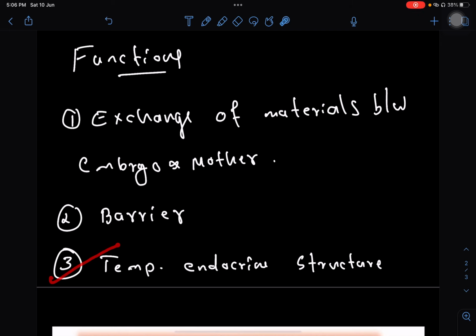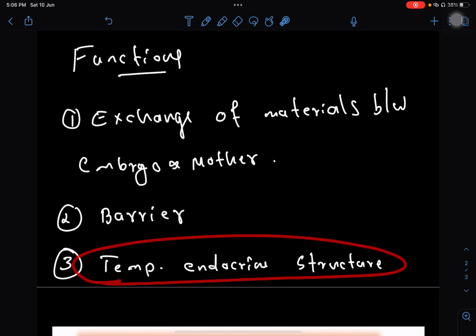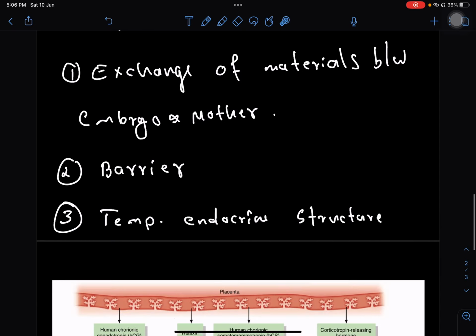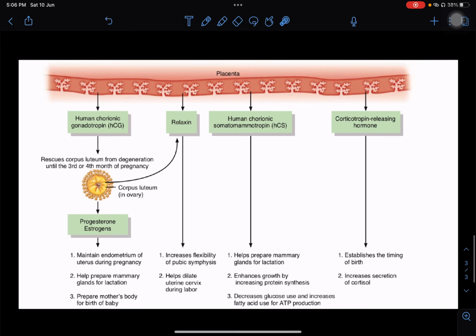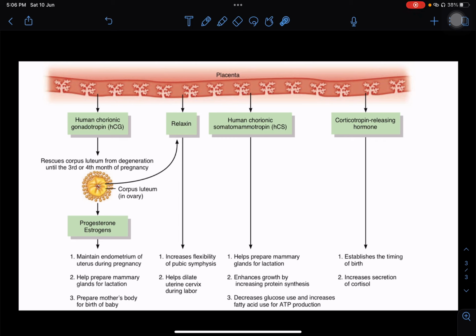And then it is acting as a temporary endocrine structure. It releases a few hormones which are important for the development of the embryo, maintenance of the embryo, maintenance of the pregnancy. One of the most important hormones is human chorionic gonadotropin, which is required to maintain the corpus luteum, because LH is normally maintaining corpus luteum, but at later stages after fertilization, LH level declines, but by that time, placenta will start to release HCG.